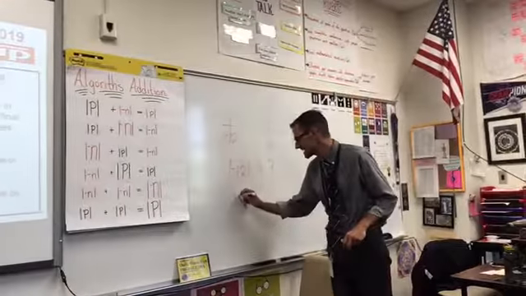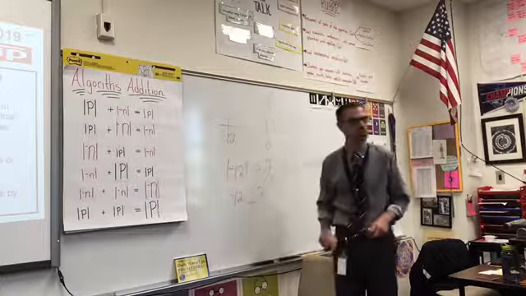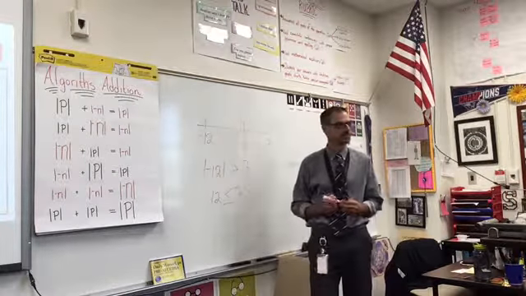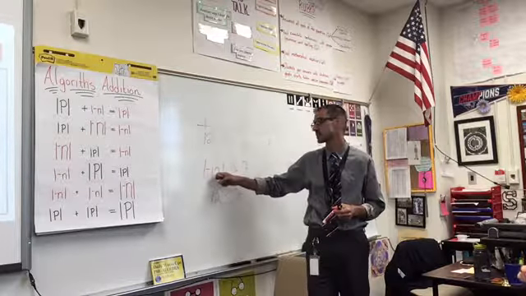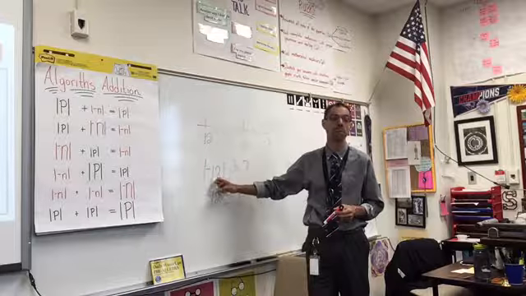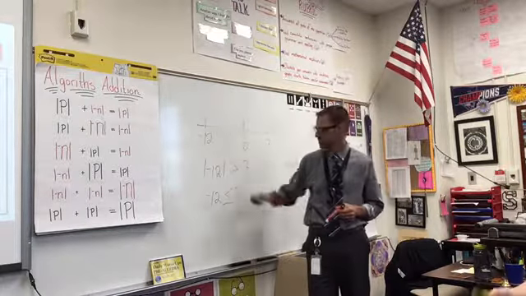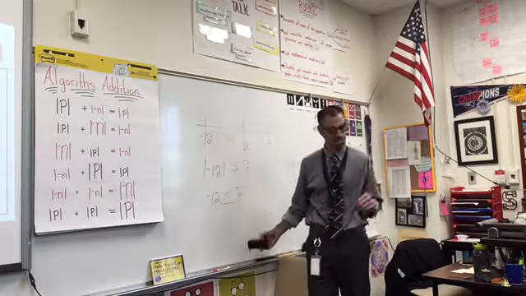But if I just did this, which one's greater? Jaden, 7 is greater, because we're not talking about absolute value anymore, right? But when you talk about absolute value, it means how far from 0. This is further from 0 than 7. So this is a greater number in absolute value terms.